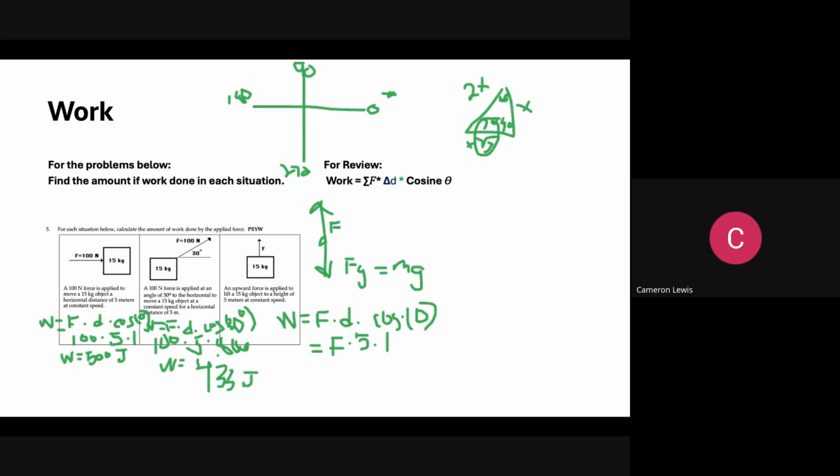So to be able to lift this up, we need to be able to lift up the weight of this object for 5 meters. So let's take that force and make it equal to the weight of the object. So let's do the mass, which is 15, and then multiply that by gravity, which is 9.8, and that over a distance of 5 meters.